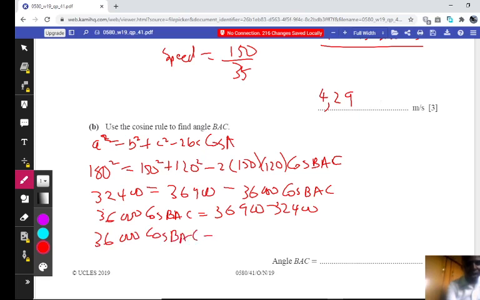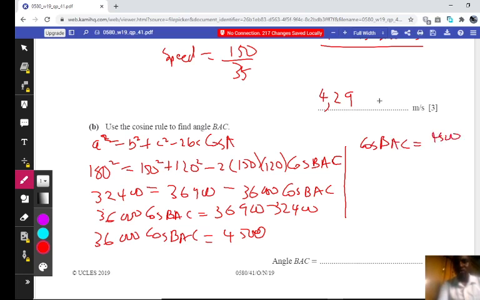Right, 36,900 minus 32,400 is 4,500. Then you divide by 36,000 both sides, it will be cos BAC is equal to 4,500 over 36,000.